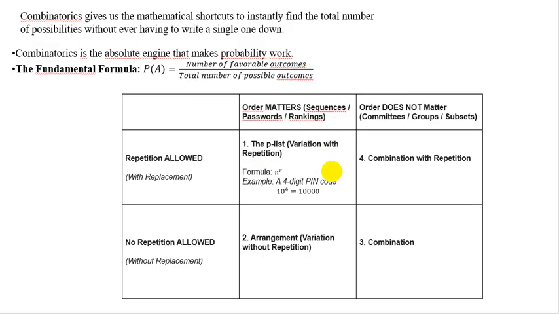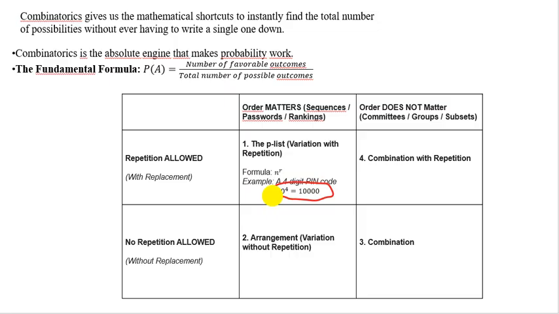Actually, the formula is here: n power r. Example, if I want a 4-digit pin code from 10 numbers, I get the total number of ways I can do this.